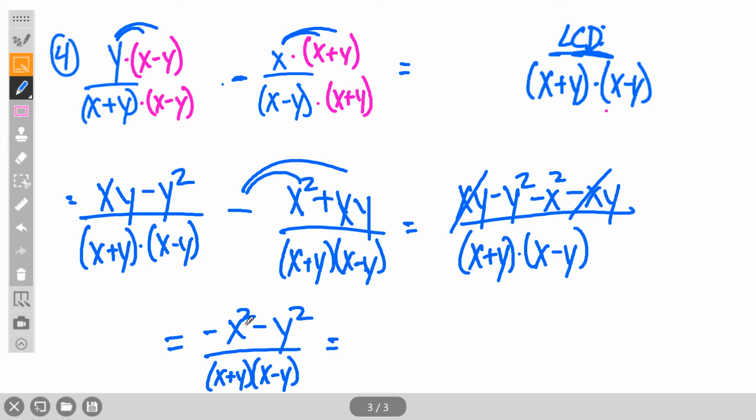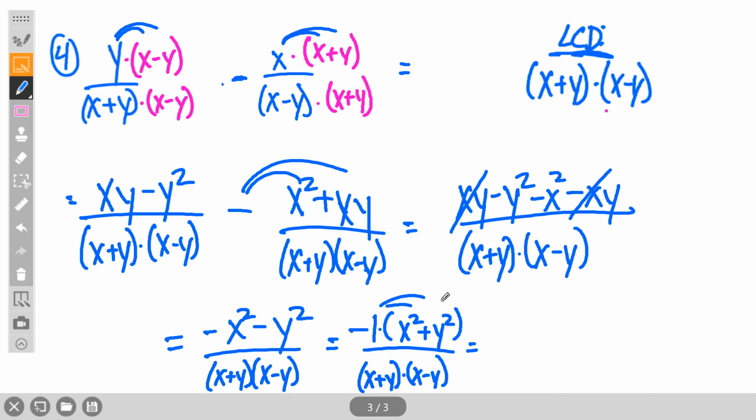Now we check to see if this factors. Negative x squared minus y squared does, because a negative 1 factors out of it, which gives us negative 1 times x squared plus y squared, over x plus y, x minus y. But it no longer factors anymore. The numerator is now fully factored, the denominator is fully factored. They don't have any factors in common, so there's nothing to cancel.